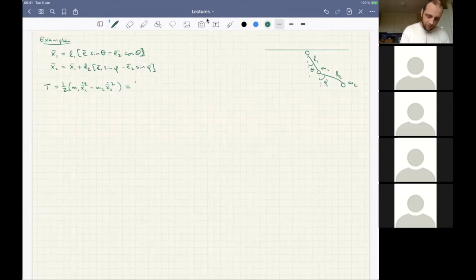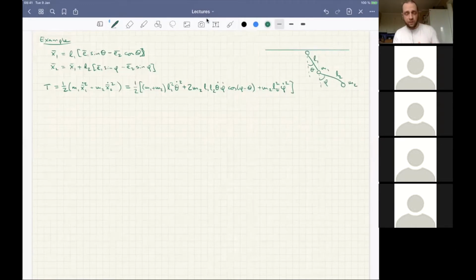So it's going to be 1/2, then m1 plus m2, then L1 squared theta dot squared, plus we're going to have a cross term, which is 2 m2 L1 L2 theta dot phi dot cosine of phi minus theta. And then we're going to have one final term, which is m2 L2 squared phi dot squared.